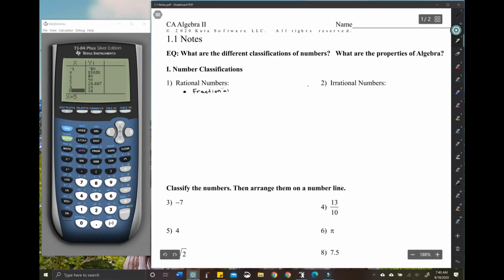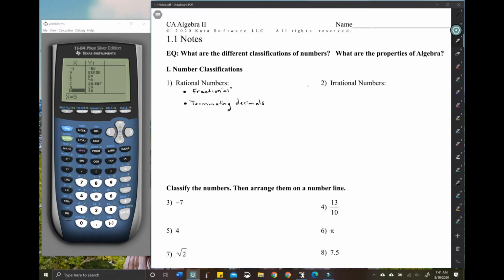They also include things such as terminating decimals, and they also have a few other subcategories.